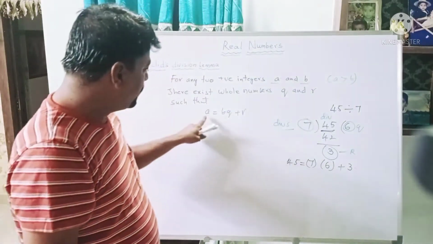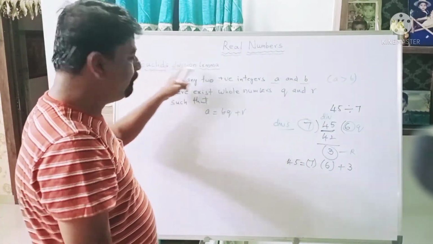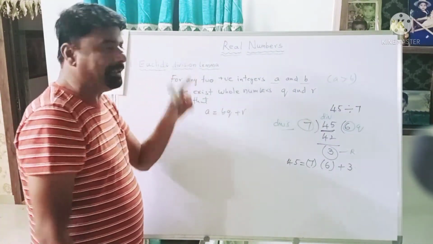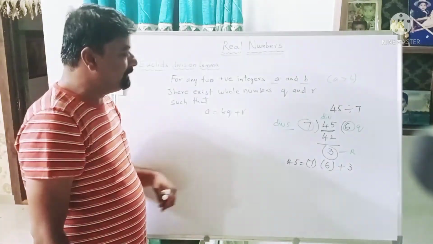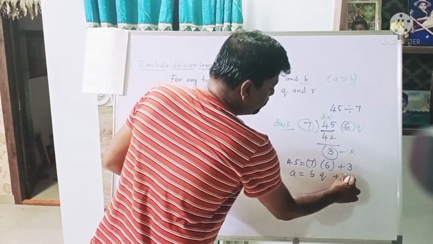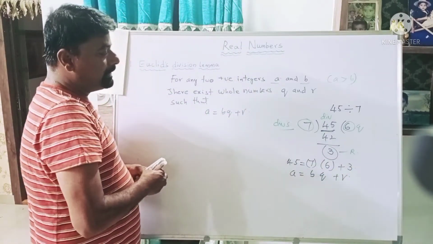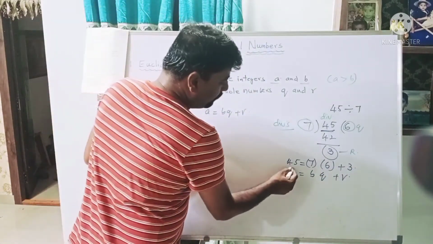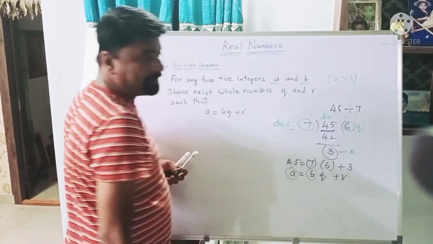If you compare this with your division lemma, you can understand better what the division lemma is: a is equal to bq plus r. Here a and b are two positive integers.